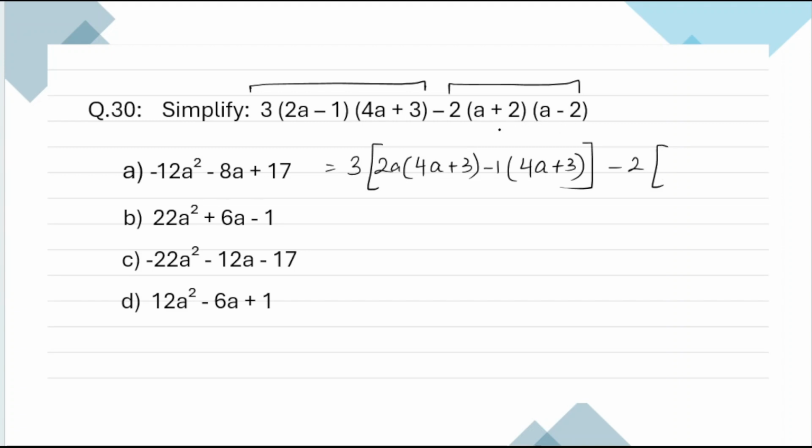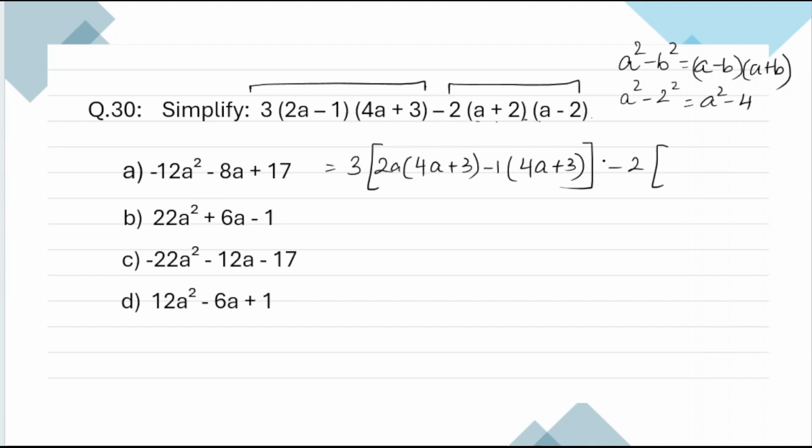This is basically the identity or the difference of the squares binomial, which is actually this. a square minus b square is (a minus b)(a plus b). So a plus b, a minus b. So it will be actually a square minus 2 square. And what's that? a square minus 4.